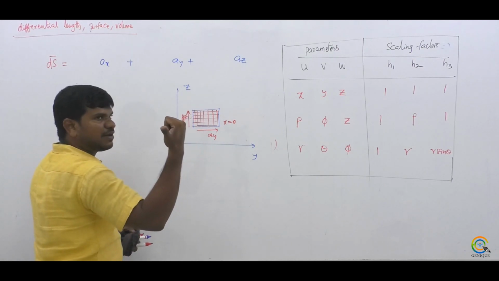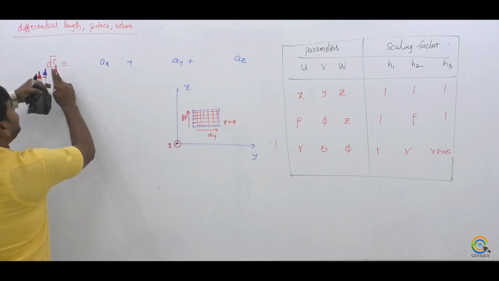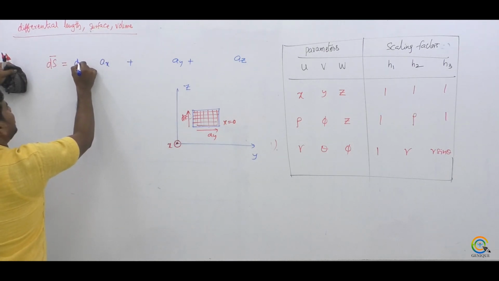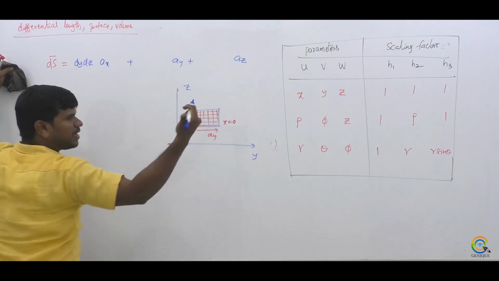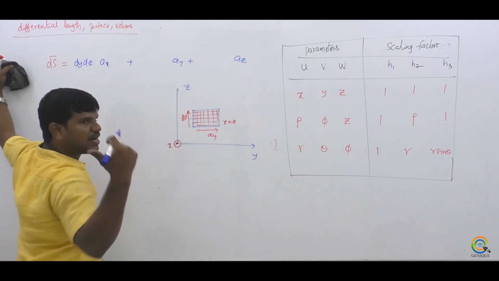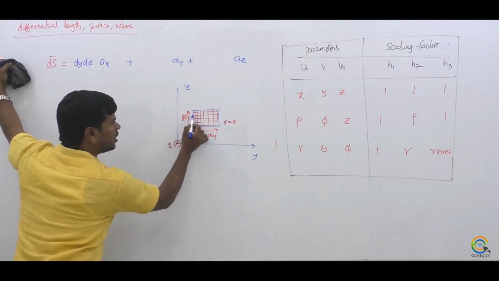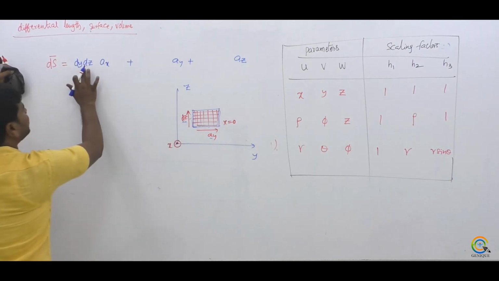What is the direction of the surface? Ax. So I can write here ax dy dz. In the direction of x, what is the surface area? This surface area is dz into dy.